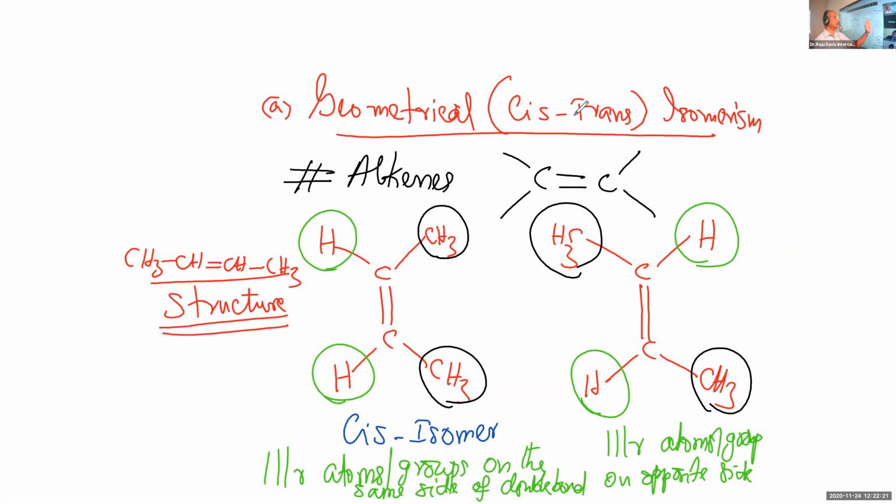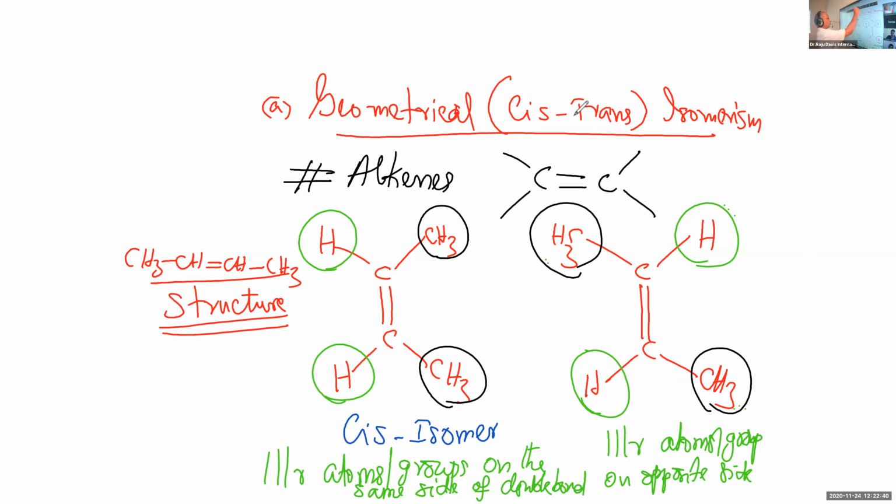You can see that similar atoms and groups are on opposite sides. Say CH3 on the left hand side, here CH3 on the right hand side. Similarly, here H on the left hand side, here H on the right hand side, opposite sides.